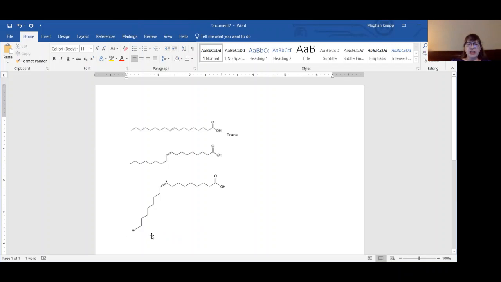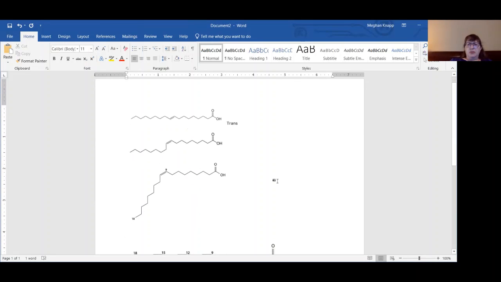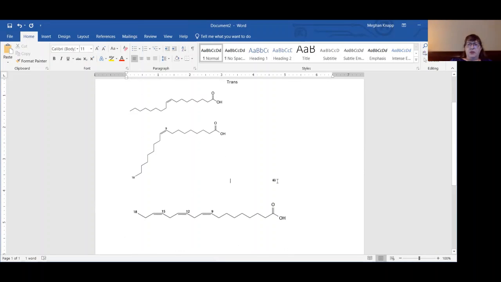So you'll notice that we have numbers on this one. And you'll sometimes hear fatty acids referred to as omega-6 and omega-9. This comes from a way of counting the carbons. If we start counting with the carbon where the two oxygens are attached, that's our first carbon.